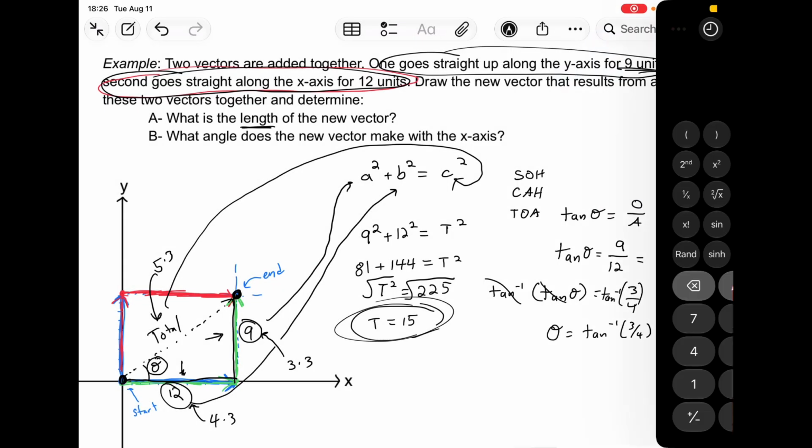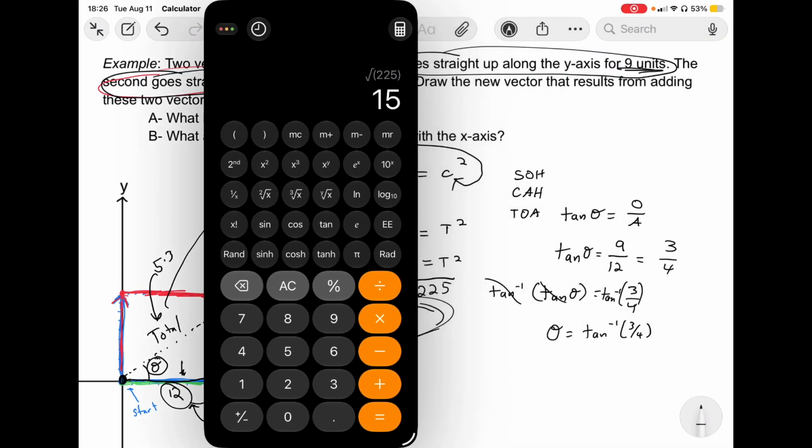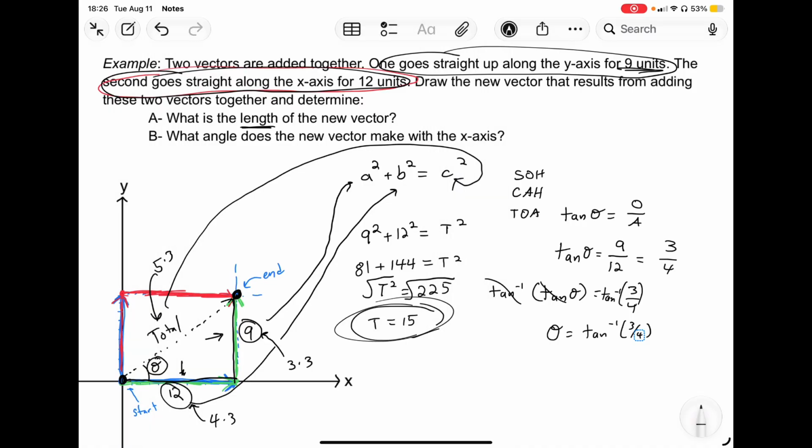And if we go over to the calculator, we're going to take the inverse tan, so tan -1 of 3 divided by 4, and that'll give us 36.87 degrees. So our theta equals 36.87 degrees.